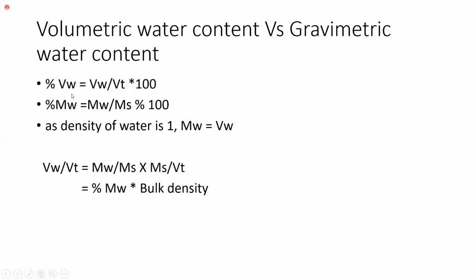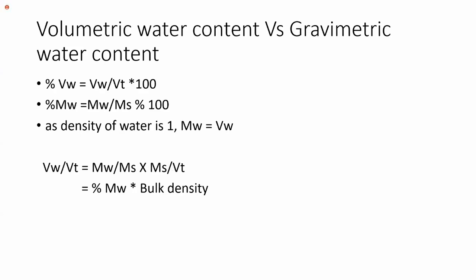And the gravimetric water content, which is the weight basis of water, is weight of water in the soil divided by dry weight of the soil into 100. Since the density of water is 1, the weight of water is equal to the volume of water. Therefore, volumetric water content can be expressed as gravimetric water content times bulk density of the soil.